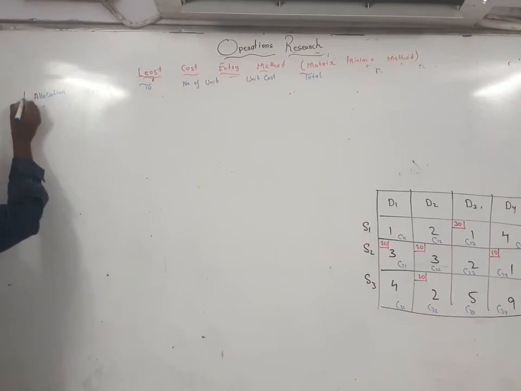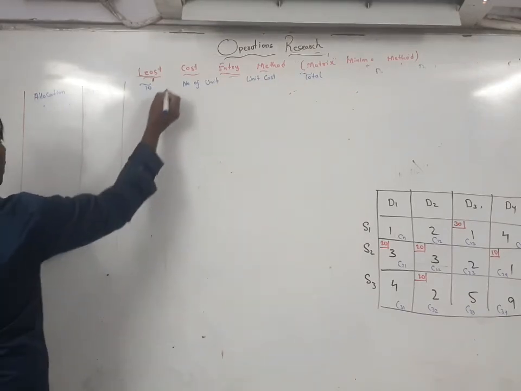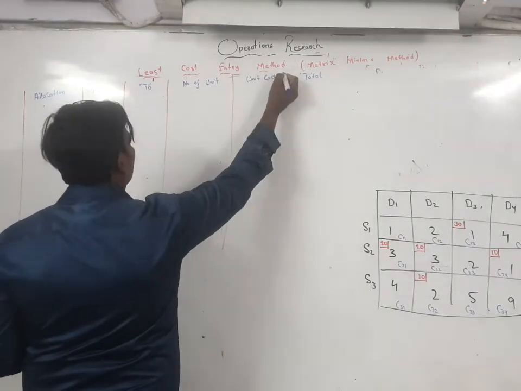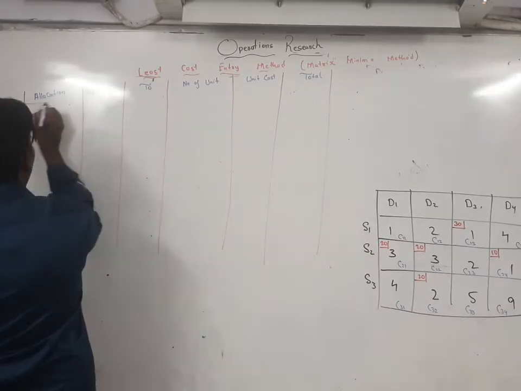First you have to write the allocation, next from, then number of units, then unit cost, then total. Like this you have to write.